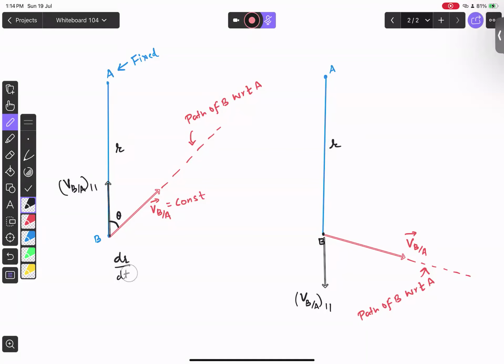So by looking at the velocity vector of B with respect to A, I can tell in which case the separation decreases and in which it increases, correct?